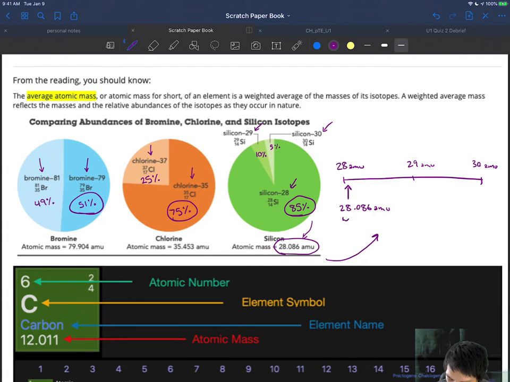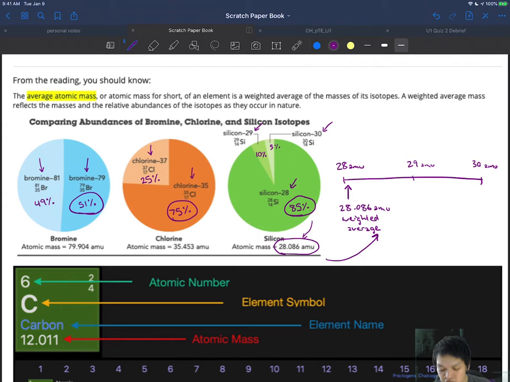Again, this is a weighted average. We're accounting for the abundance of silicon-28 compared to silicon-29 and silicon-30. This is way different than a normal average.